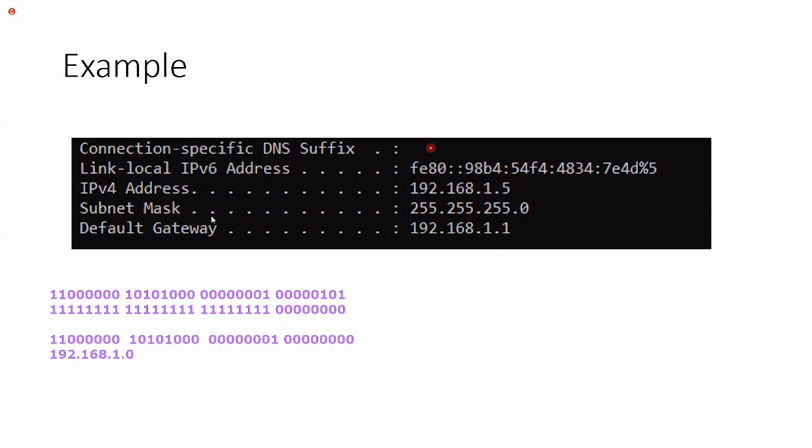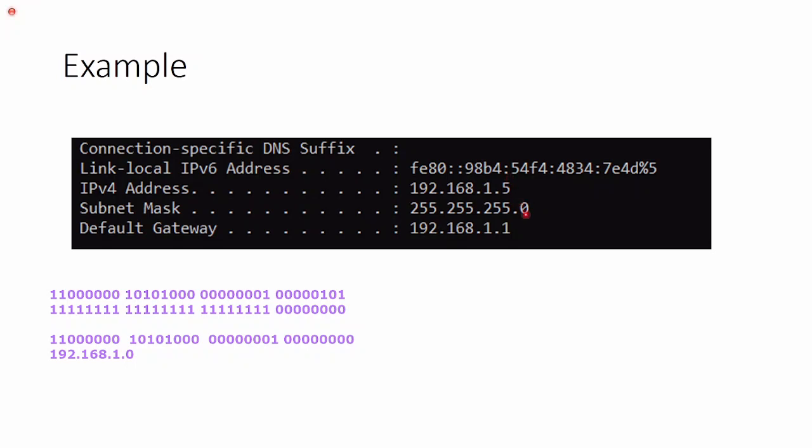So basically, by doing an AND operation of the IP address and the subnet mask, you can get the network ID. When you get a network IP address, usually the subnet mask is given with it.